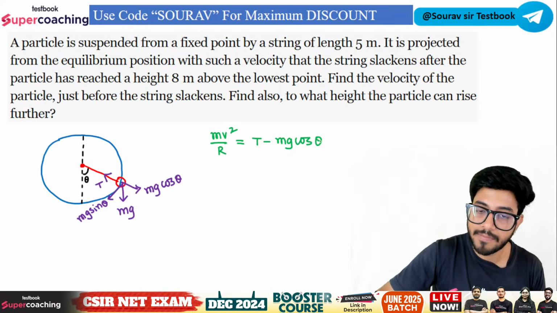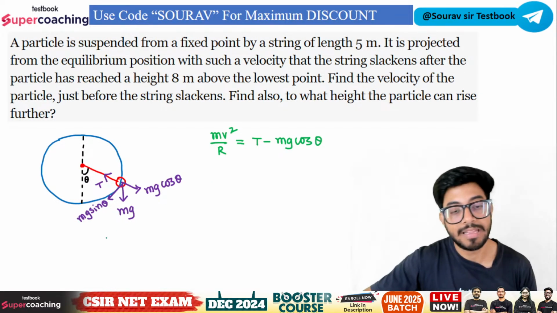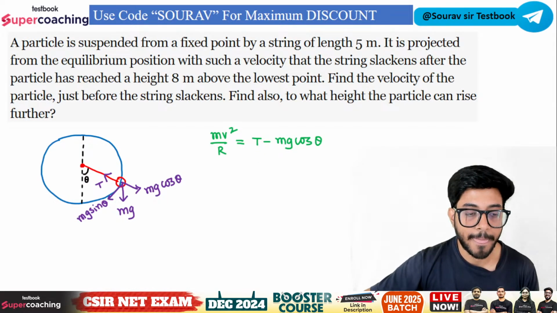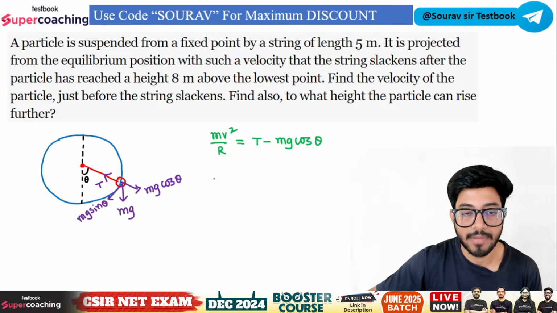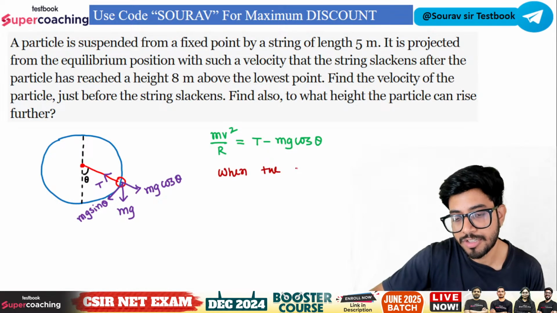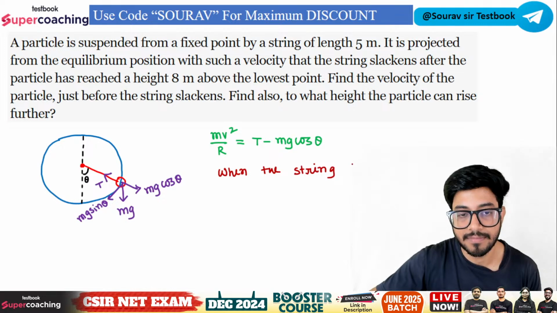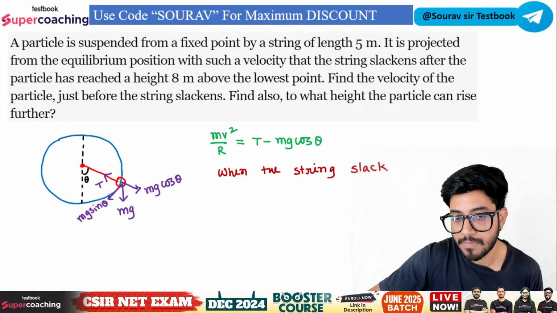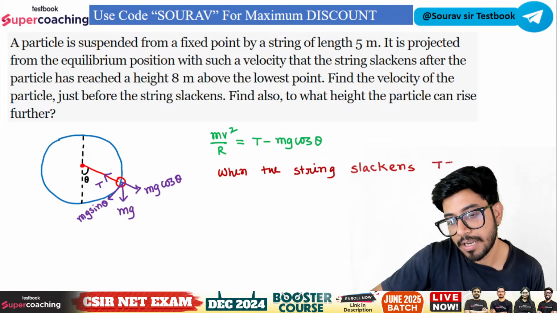mg cos theta. Good. Now, when the string slackens, tension is zero.